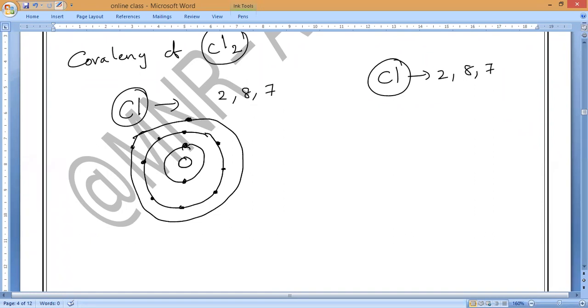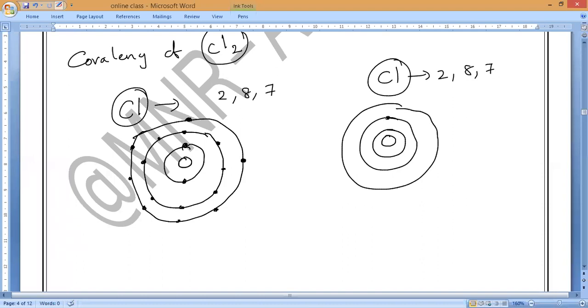If it wants to become stable, it needs 8 electrons. Now here one more chlorine atom is there. You can notice 1, 2, 3, 4, 5, 6, 7, 8. So this is 1 and 2. Now here, this is the sharing electron. Let me imagine.